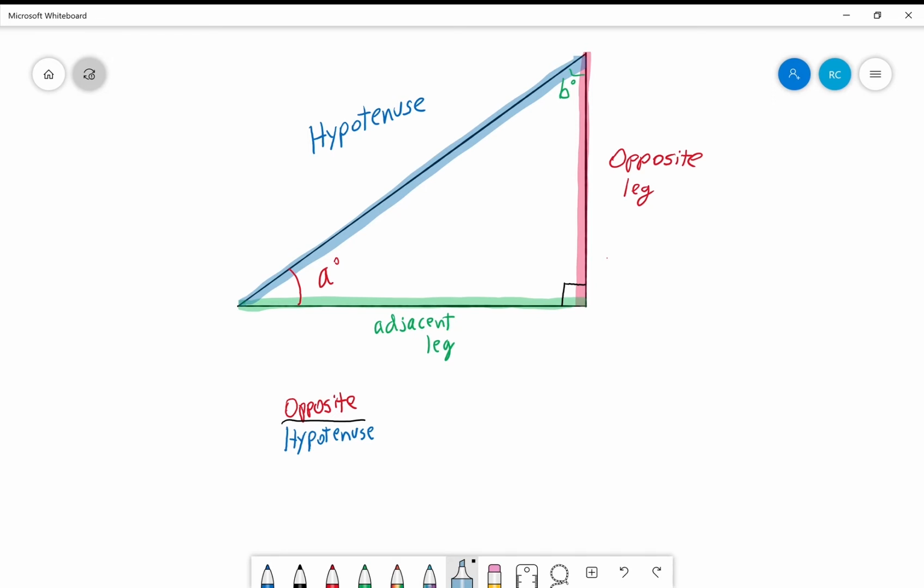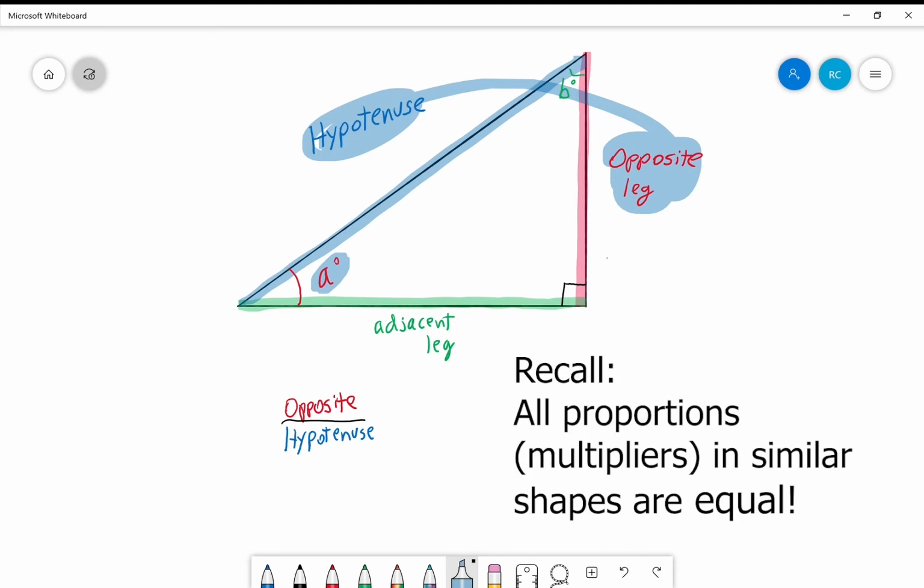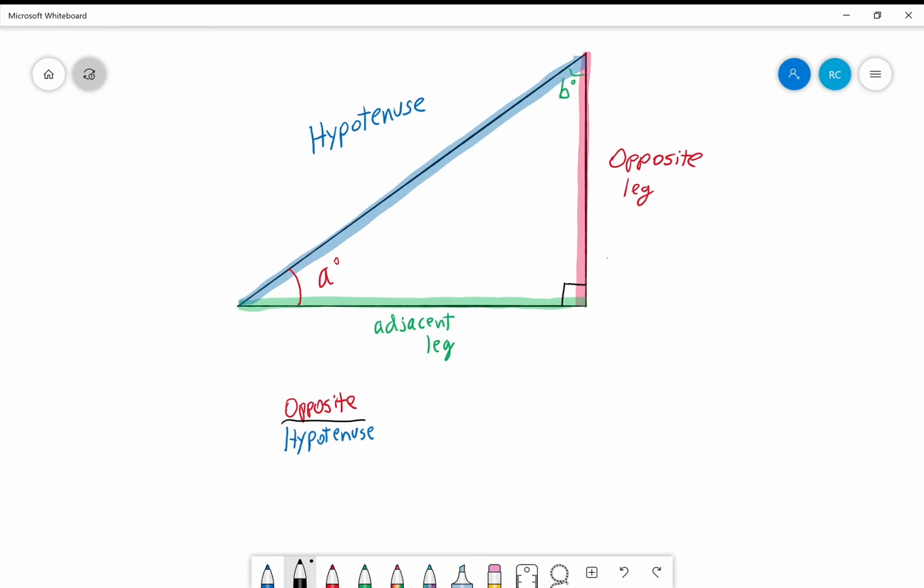This multiplier between the hypotenuse and the opposite leg will be the same for every single right triangle that also has this A degrees. Again, because of similarity. And that is so incredibly useful that we gave it a name and we called it sine.